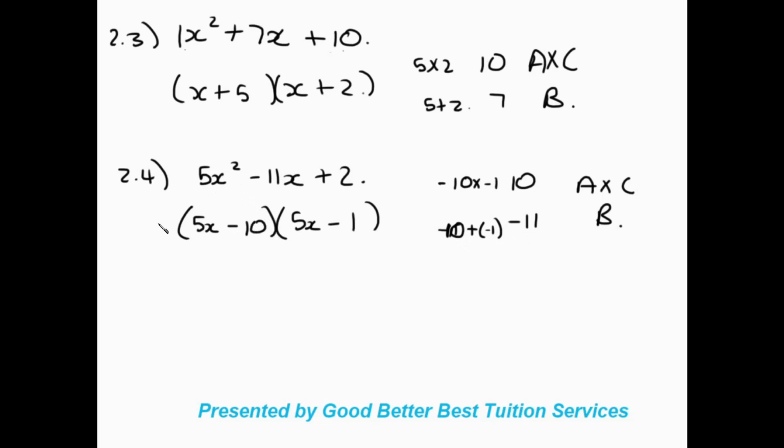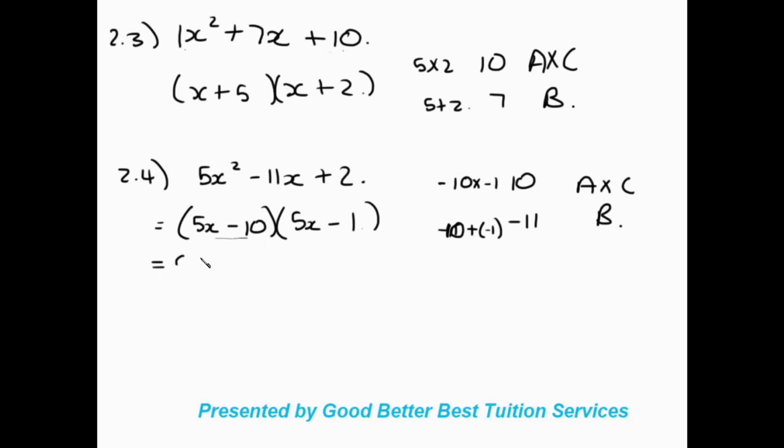Now, once we get to this point, you can see we can't necessarily have these 5x's here, because if we times them, we get 25x squared. So what we have to do is get the common factor out of both of these brackets, okay? If we look at the bracket on the right, there's no common factor we can take out. But if you look at the bracket on the left, there's a clear common factor we can take out, and that is 5, because 5 goes into 5x and goes into negative 10.